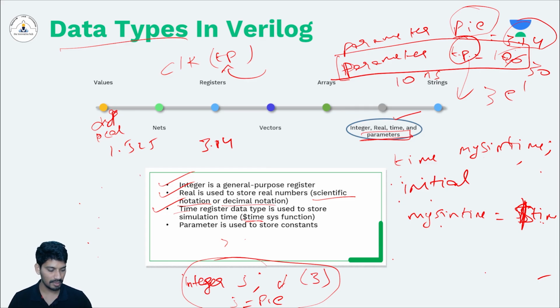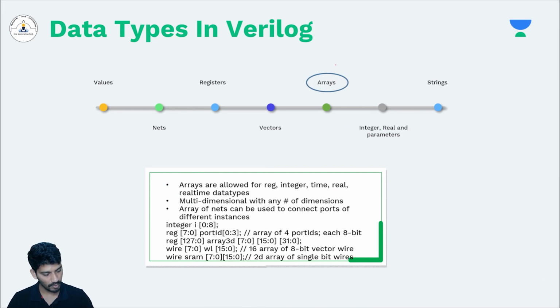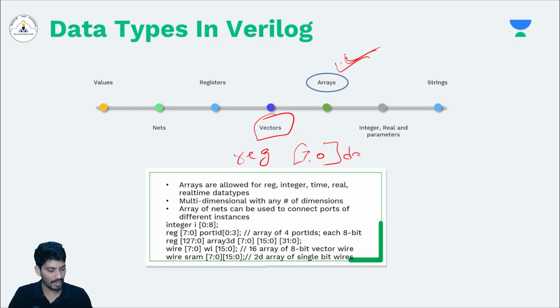Now let's see what is an array. We have seen the vectors, now we are seeing arrays. The first difference you need to understand between vector and array is the way they are defined. In the case of a vector, you will define it like this: range of 7 down to 0, then data.